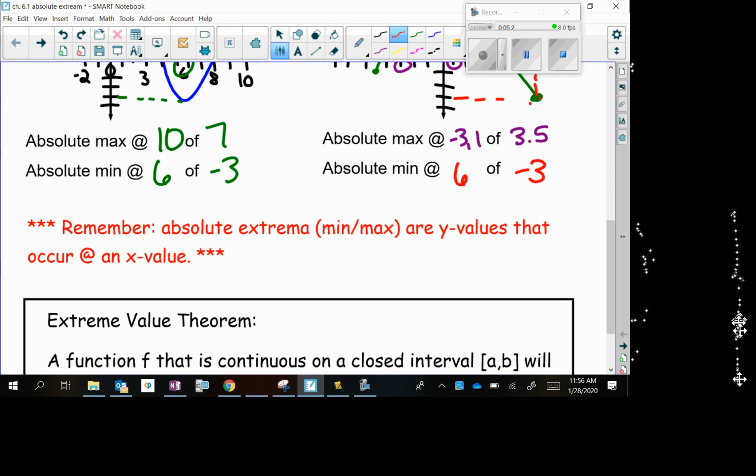Just a reminder, absolute extrema, the mins and the maxes, are actually the y values that occur at an x value. So the absolute max on this is 7. It happened at 10. The absolute min is -3. It happened at 6. Just to keep that terminology going.